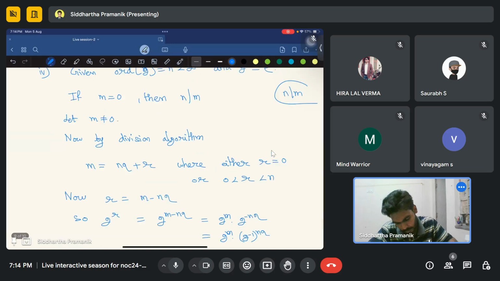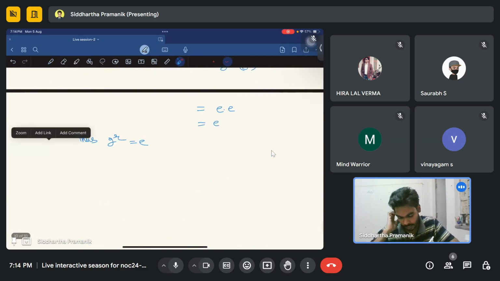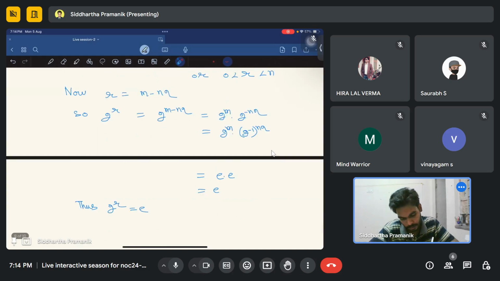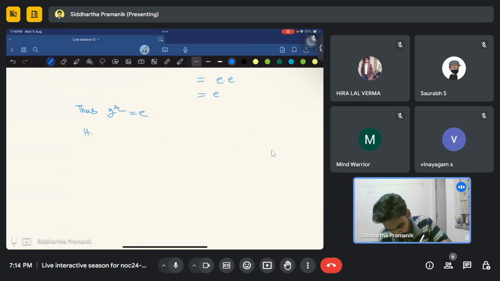But we have seen that the order of g is n. So n is the least positive integer such that g power n is identity. So r cannot be less than n and greater than 0. This means r has to be 0, and that will imply m equals nq. That means n divides m.